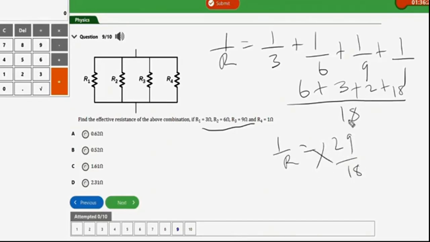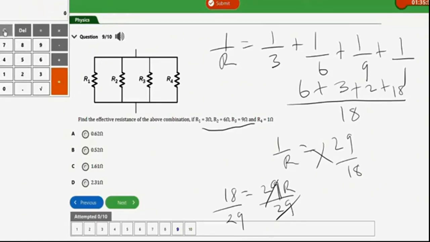When you cross multiply, you have 18 equals 29R. Divide both sides by 29, so our R will be 18 divided by 29. So we have the output to be 0.62 ohms. So the correct option is option A. It's as simple as this.